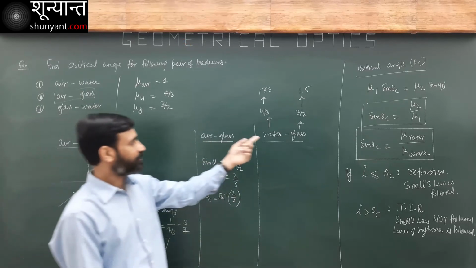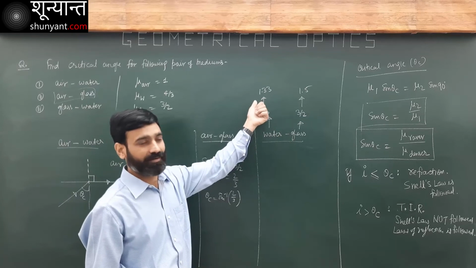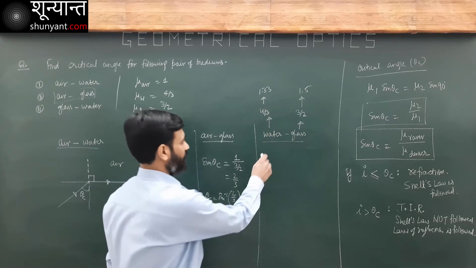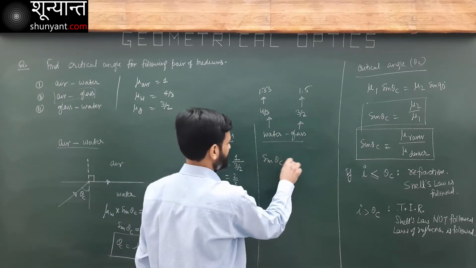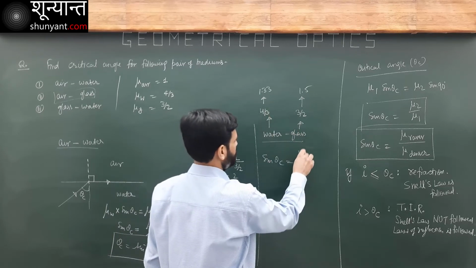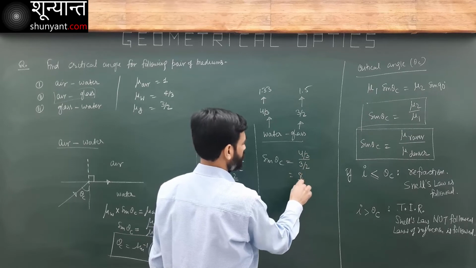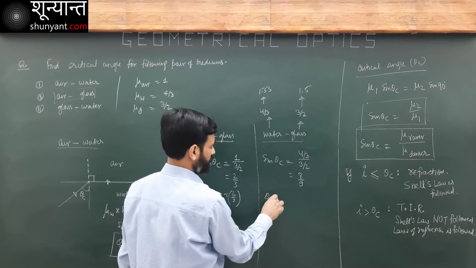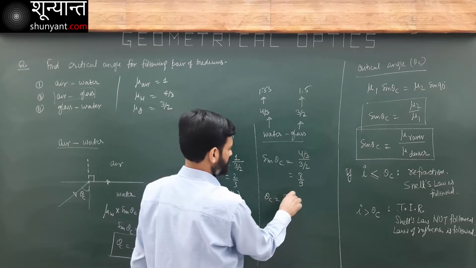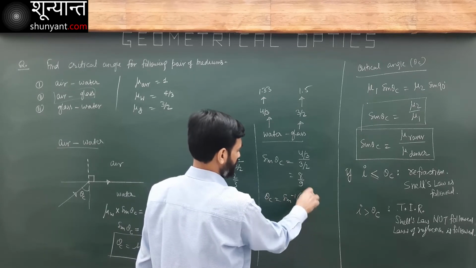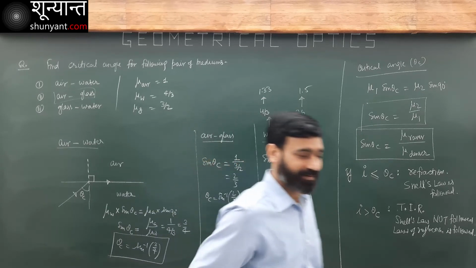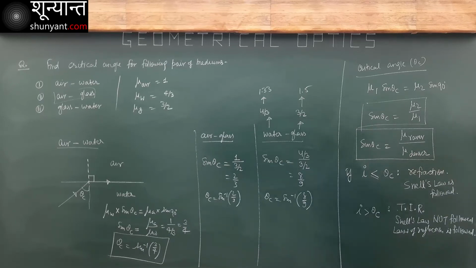When you compare water with glass, water becomes rarer and glass becomes denser. What will be sine theta c? Rarer is 4 over 3, denser is 3 over 2, it becomes 8 over 9. Theta c is sine inverse 8 over 9. Okay, understood? It should be easy.